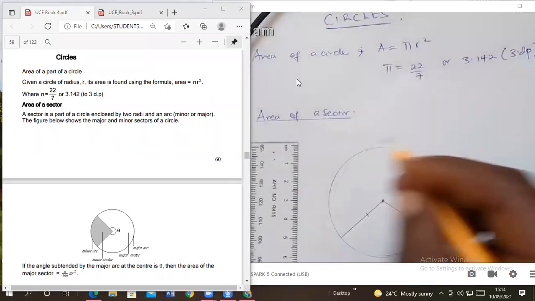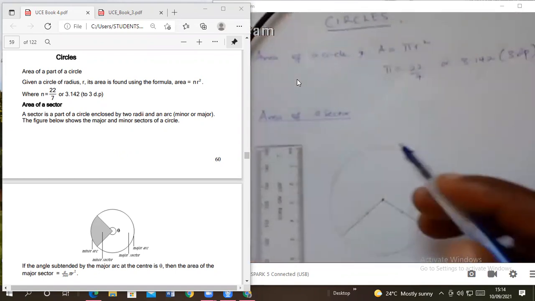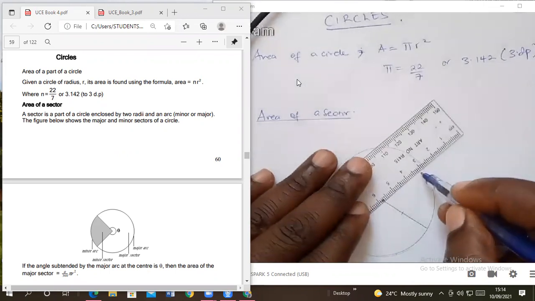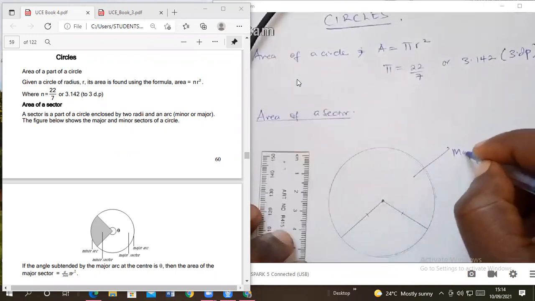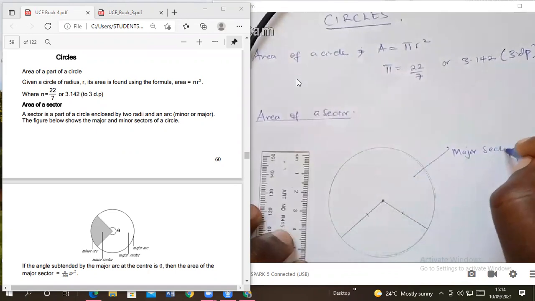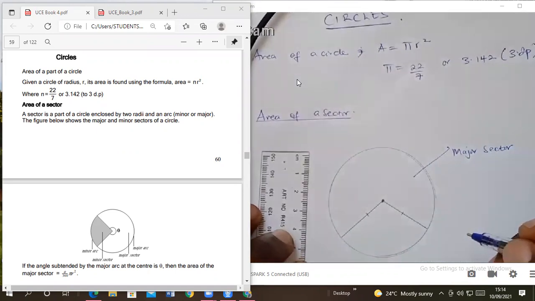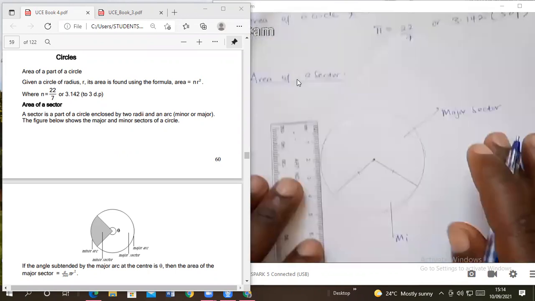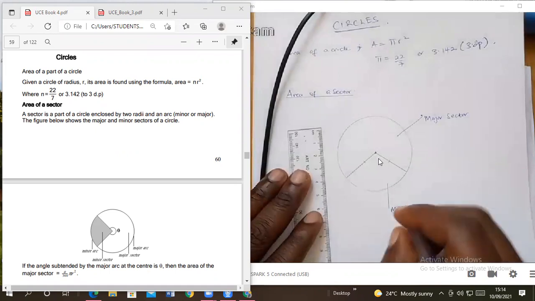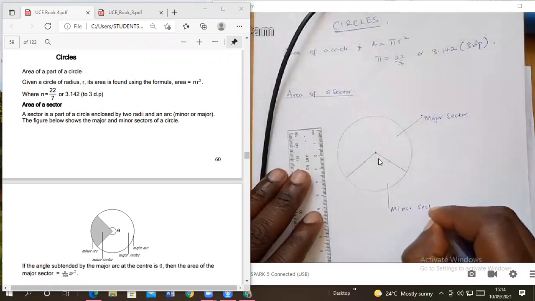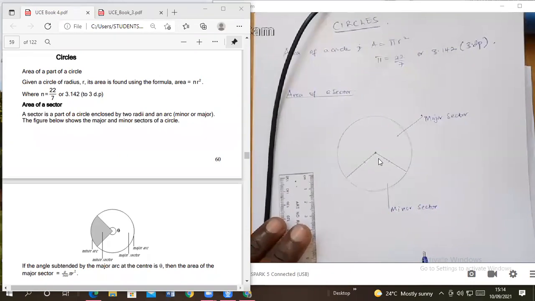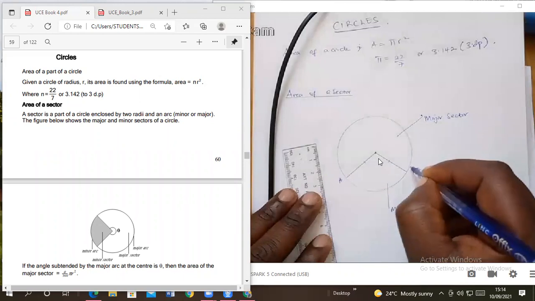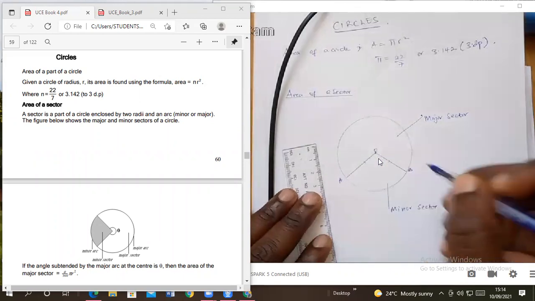So we have a sector. So we have, first of all, this one which you see, the bigger one which you see this side, is what we call the major sector. This one is called the major sector. Are we together? Yes. And this one is called the minor sector. Now, this arc that you are seeing, if I may label, this is A, B. This is 0 here.